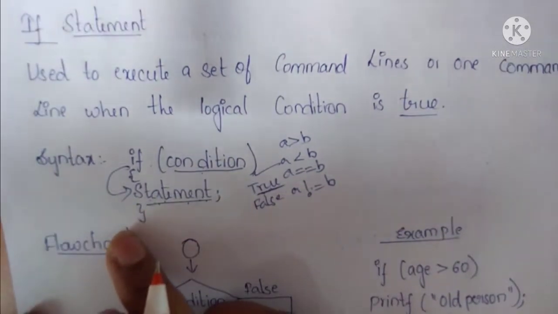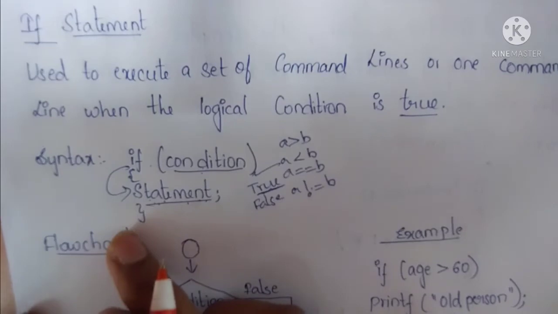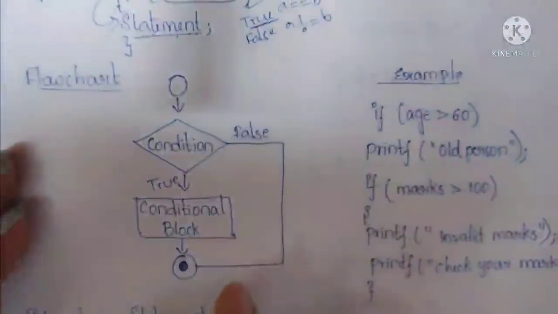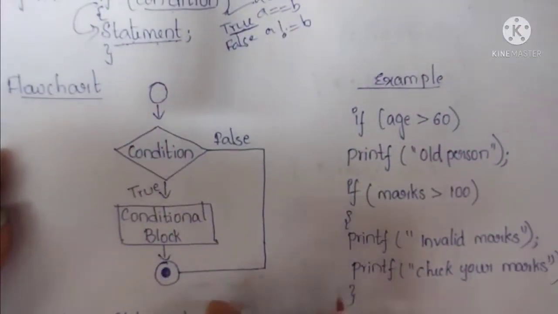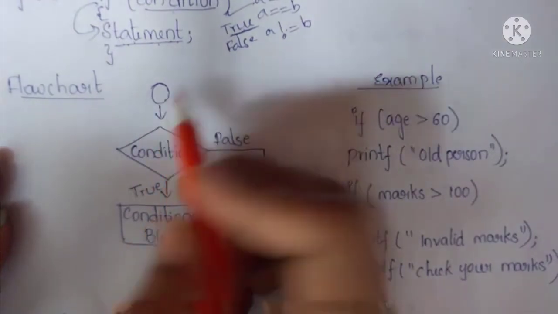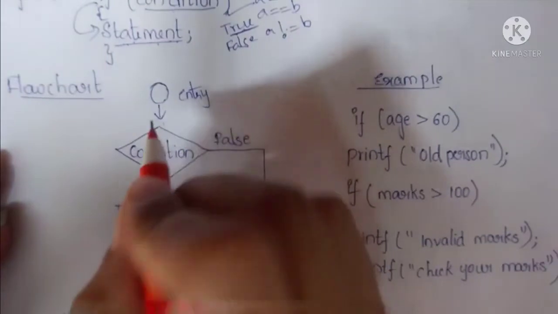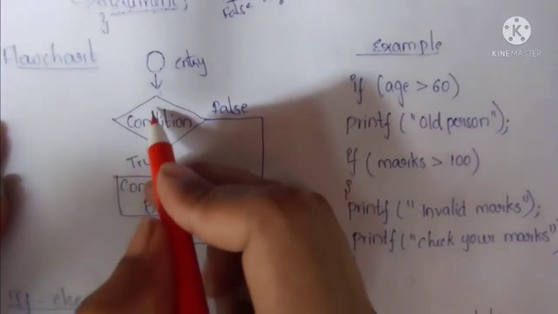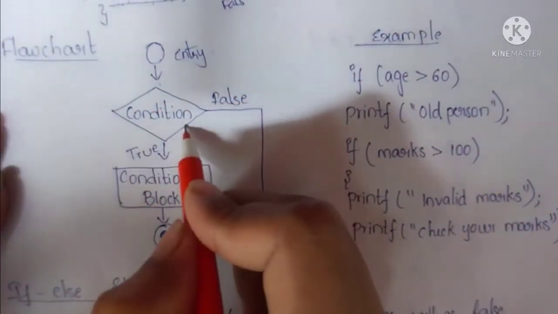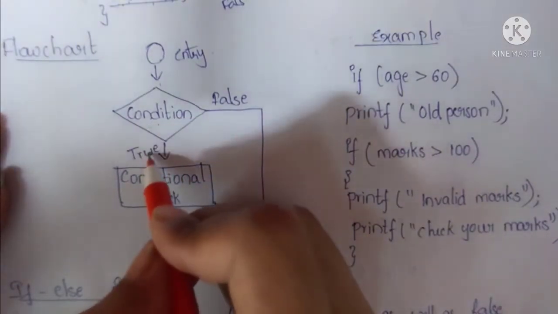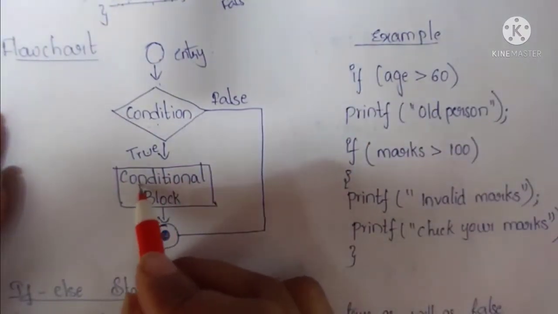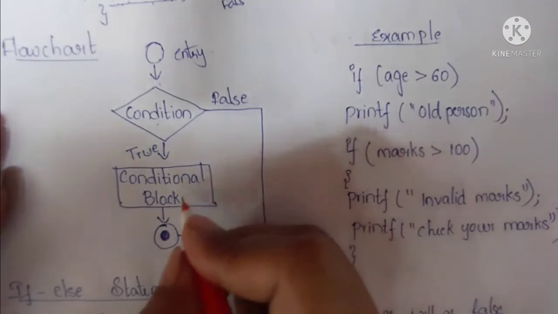So we will see the flowchart for the if statement. This is the flowchart for the if statement. First we are starting. This is an entry point. After the entry point, same as the syntax, it will check the condition here. If the condition is true, then it will execute the conditional block, that is the statements.